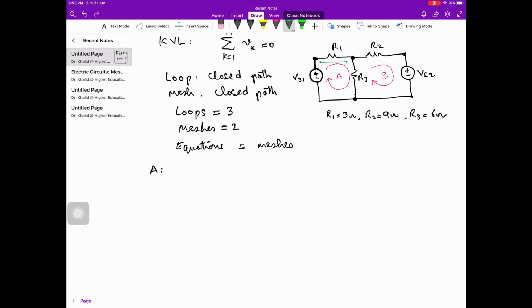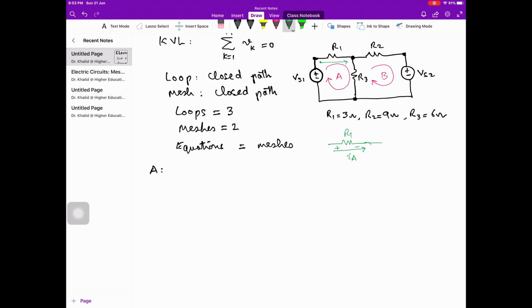Following the direction of the current flowing through R1, if I reproduce R1 over here, and the current flowing is IA only, the polarity of the voltage drop across this R1 will be as shown. This is the voltage drop.